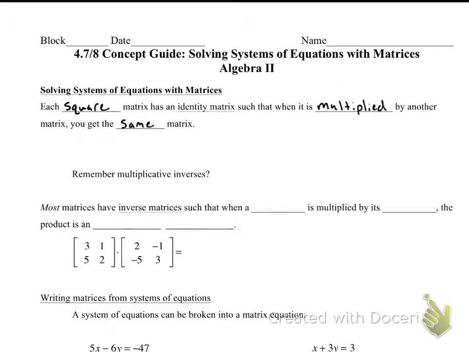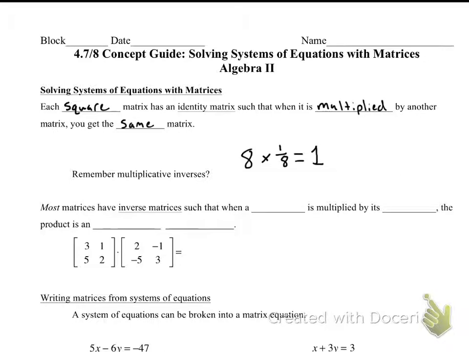Each square matrix has an identity matrix such that when it's multiplied by another matrix, you get the same matrix. Remember multiplicative inverses? Whenever you multiply a number by its reciprocal, you get 1.